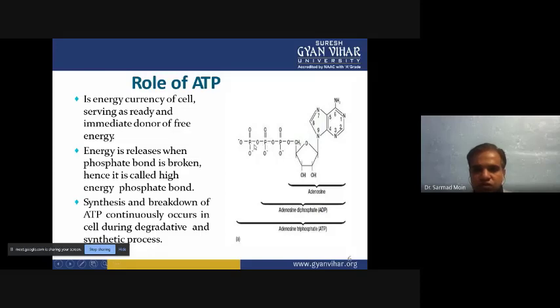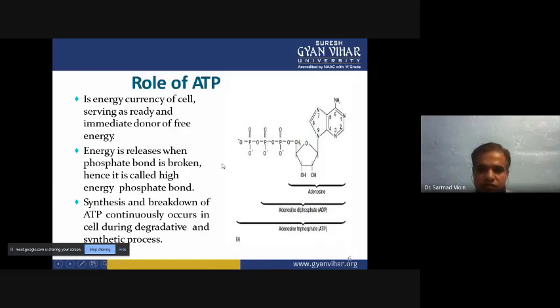So when this phosphate molecule is released, what will happen in between? One bond is there, and this high energy bond will break down. When this high energy bond breaks down, the energy will be released. So this triphosphate converts into diphosphate.